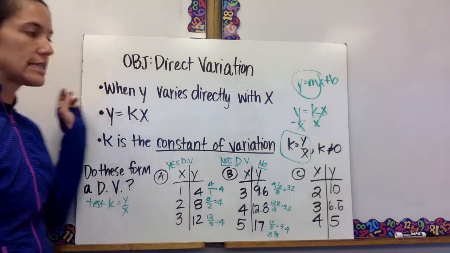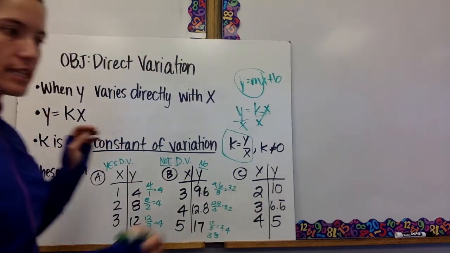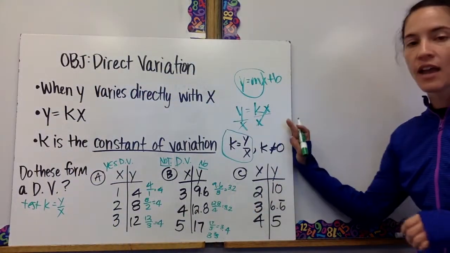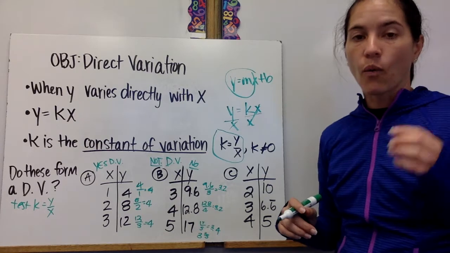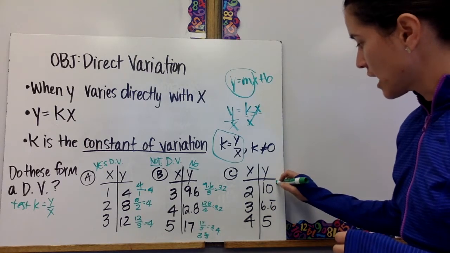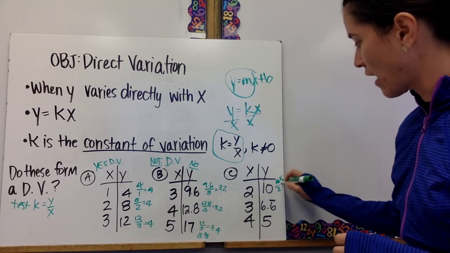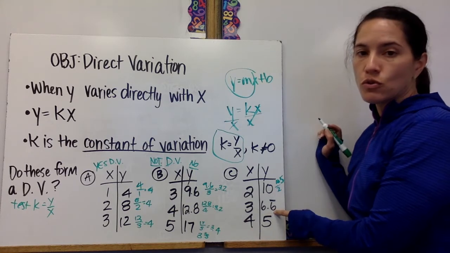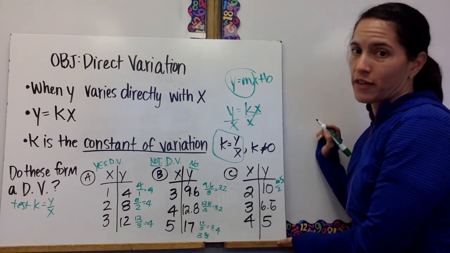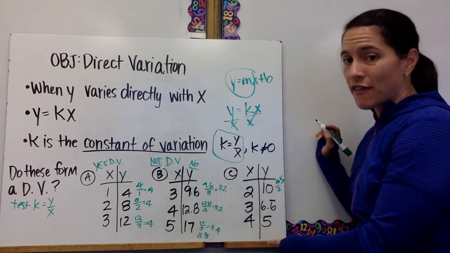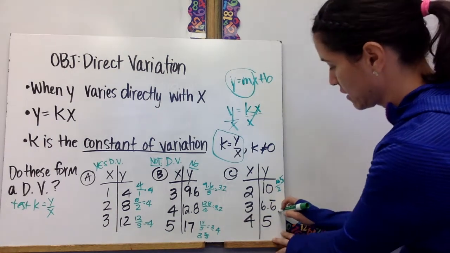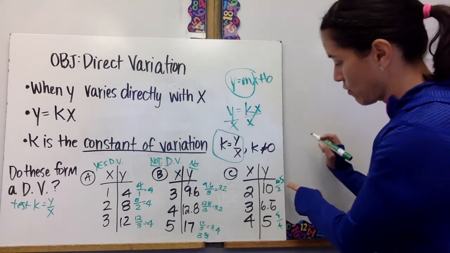So down here, C, on the end, I'm going to come back to this side. I'm switching it up. I need to test out my y over x. So 10 over 2 is 5. Now, you are more than welcome to try this one, but I see 5 over 4 is not going to equal 5.